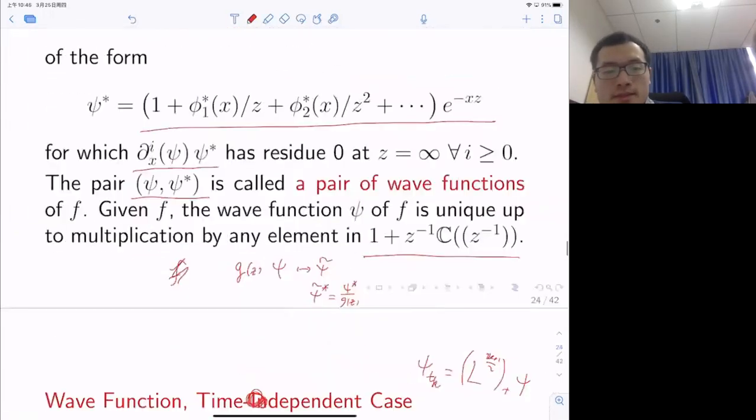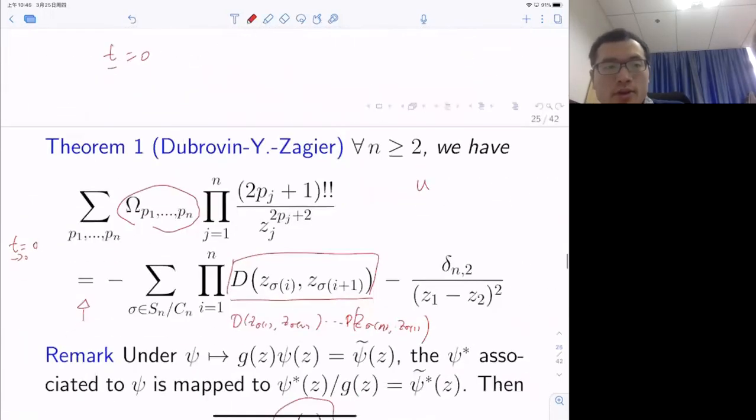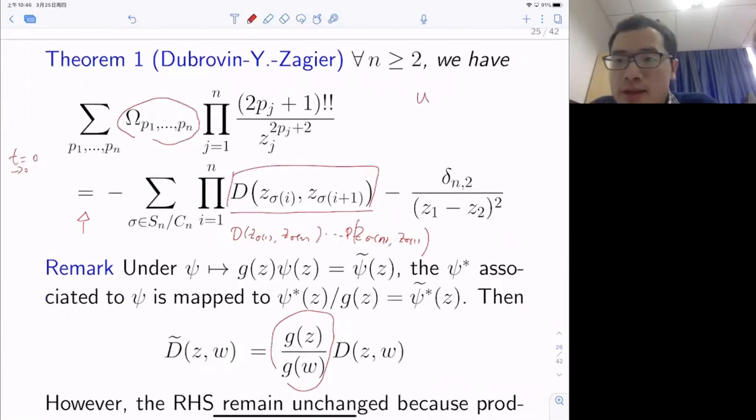Okay, so this is important because in another approach called inverse scattering, one also uses the wave function to solve the initial value problem. This inverse scattering approach needs a further evolution of the wave function, and also the inverse. So you need to solve the Gelfand-Levitan-Marchenko equation to get the final solution of the initial value problem.